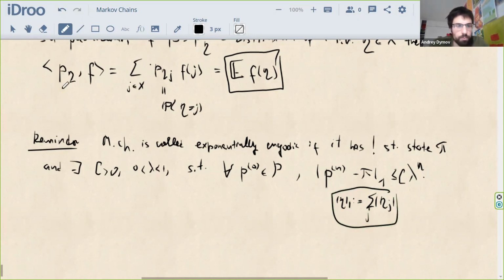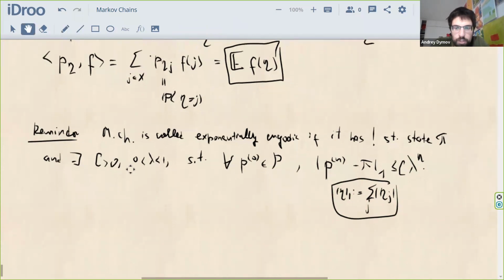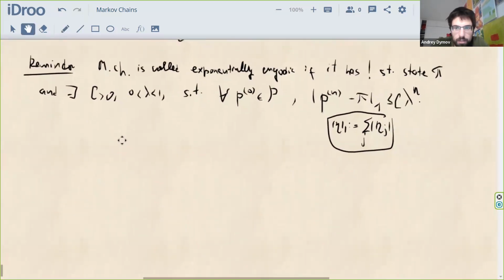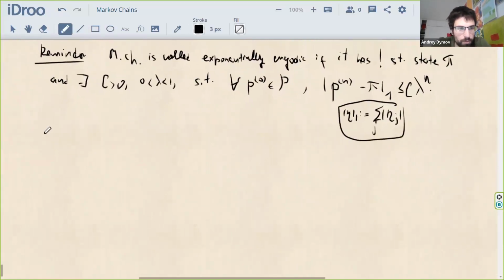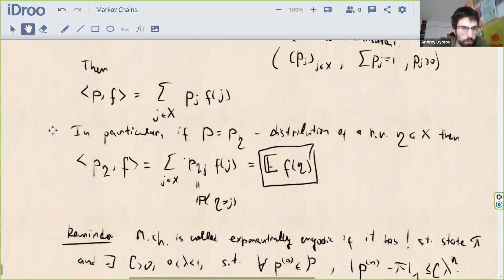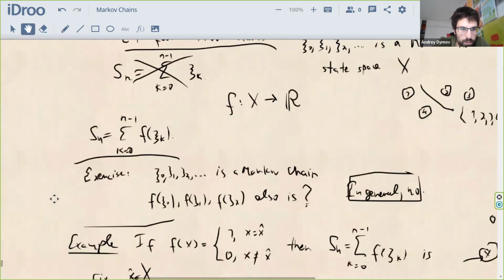So now let me formulate the main result for today. Any questions? No questions. This is the law of large numbers for Markov chains.